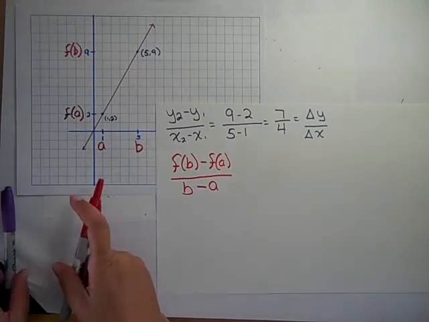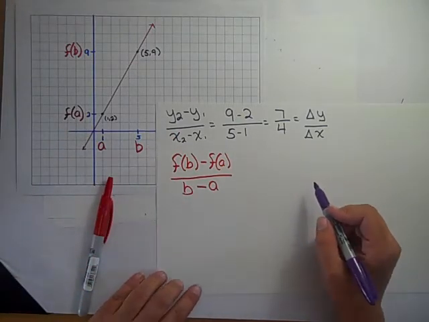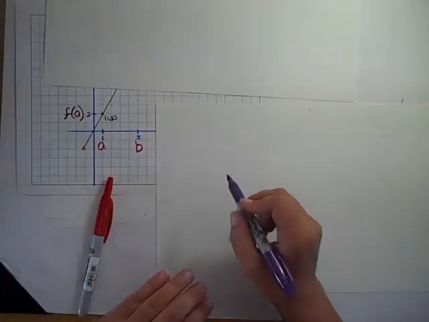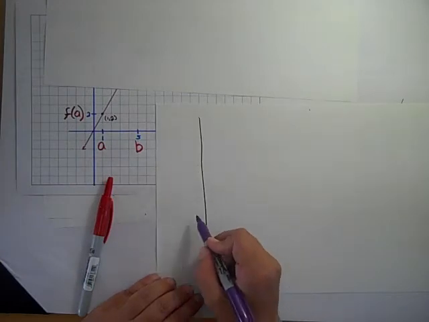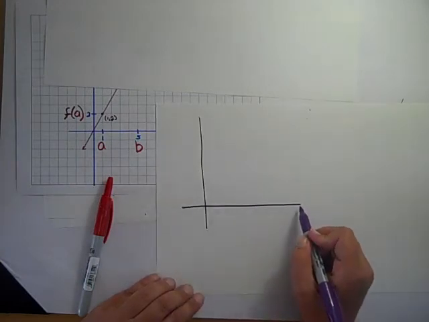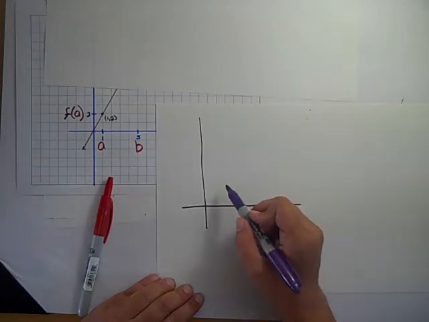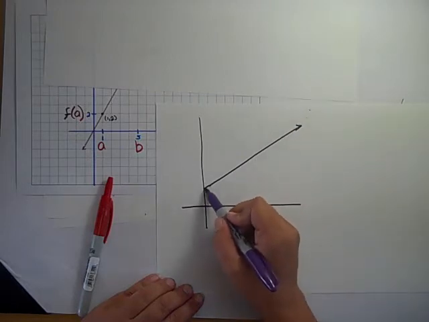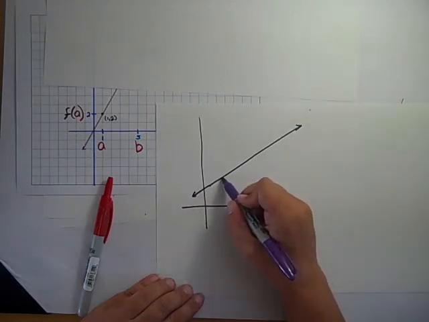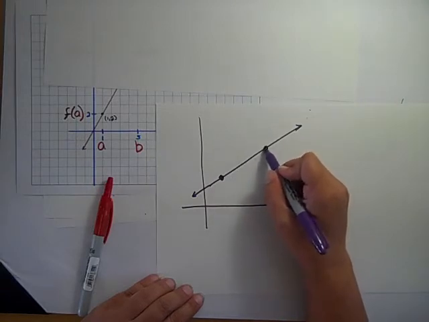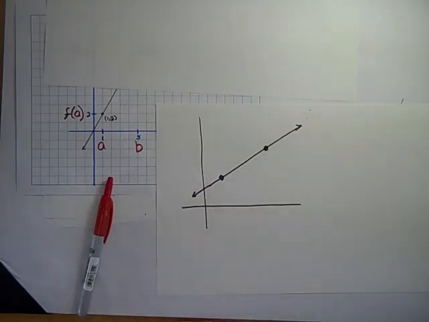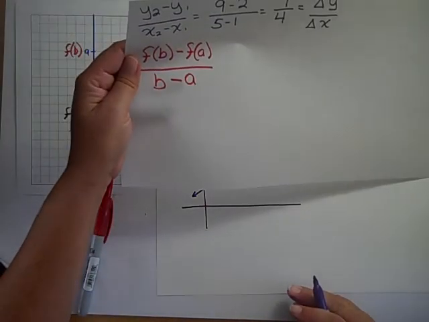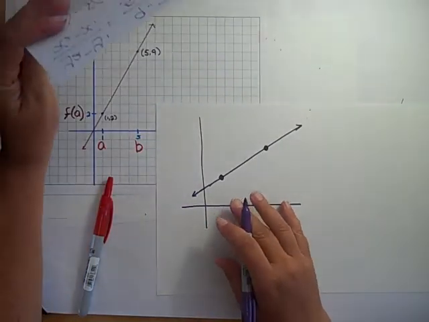So let's look at this graph. So draw yourself, leave some extra space because we're going to be returning to this graph. And let's draw a new graph. And let's draw a line, maybe not as steep as the last one. And just mark 2 arbitrary points on it. I'd like you to label the f of b, f of a, b, and a on this graph.